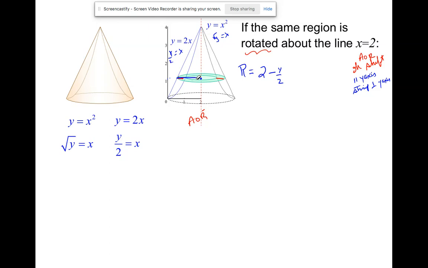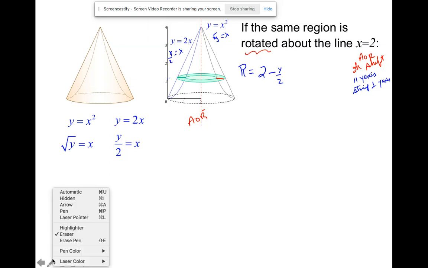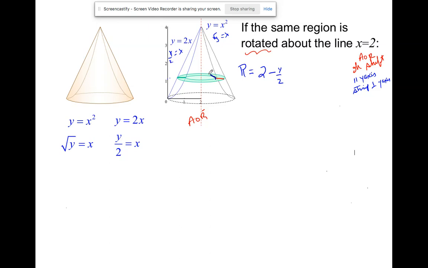Now let's do the small radius. There's the small radius. It's kind of floating out there in nowhere land. Remember, all my algebra expressions measure from an axis. So x is equal to, I have to go all the way to the axis of rotation, right?